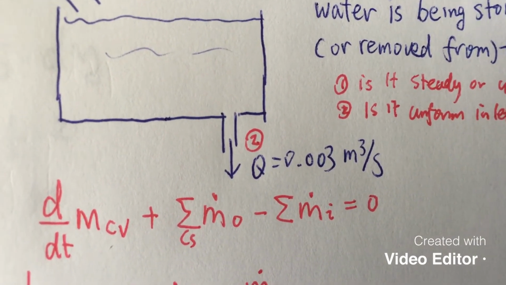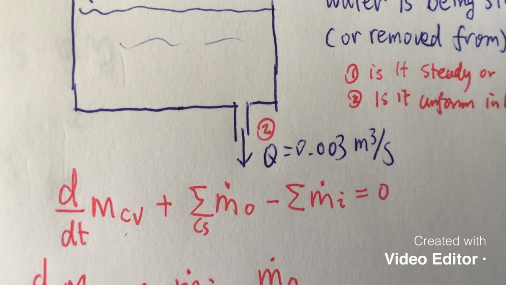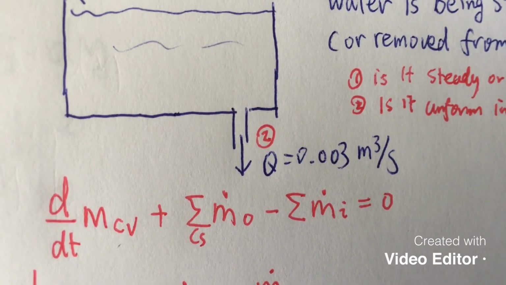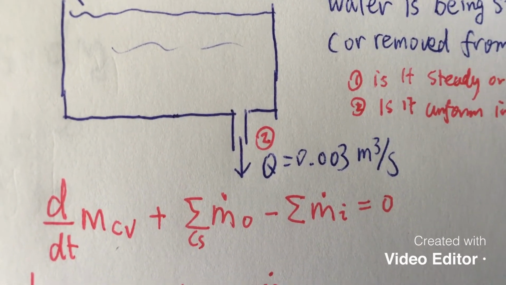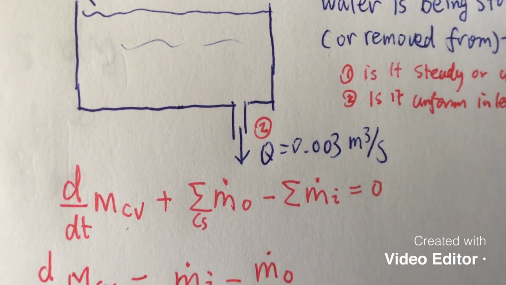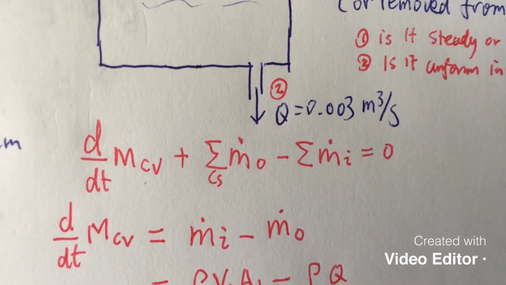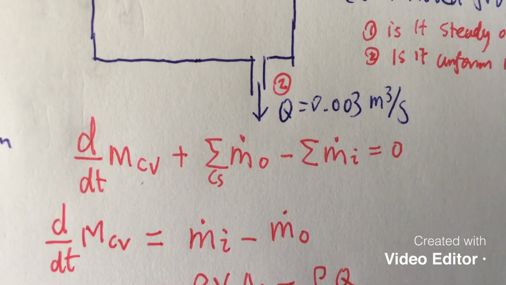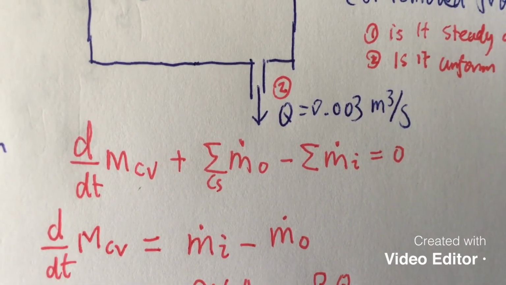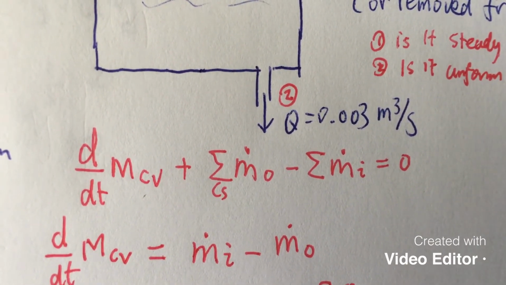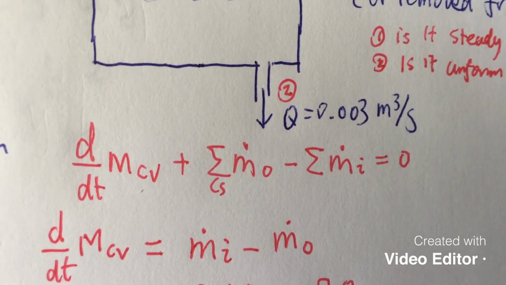So we are going to calculate the first term. In order to do that, we need to find the second term and the third term, which are the mass flow rates. Okay, we can rewrite the equation into this: dm_cv over dt equals mass flow rate in minus mass flow rate out. We move both mass flow rates to the right hand side of the equation.